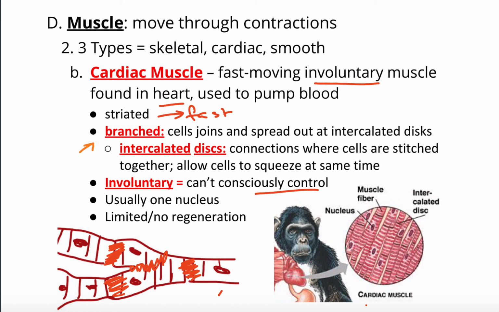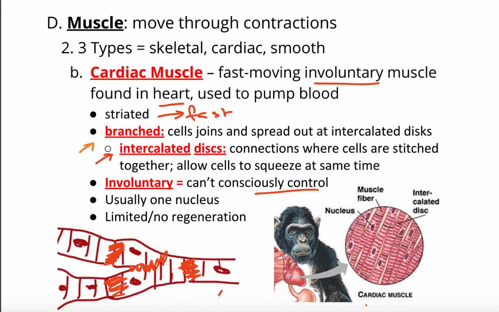But these weird ties produce connection points that actually allow every cell in your heart to be connected to another cell, so ultimately they're all kind of woven together so that if one pumps, you could send an electrical signal through all the cells simultaneously, so all of them squeeze at the same exact moment. So the pumping motion of your heart, the fact that it's all coordinated, is thanks to the stitching, these branches. And the actual stitches, the little connection points themselves, are called intercalated discs.